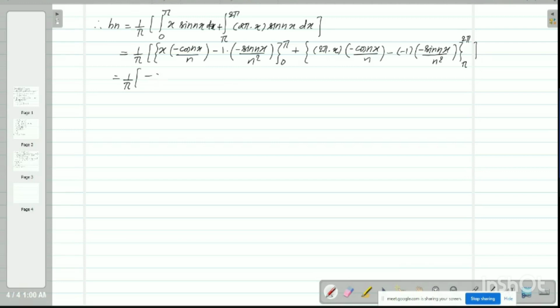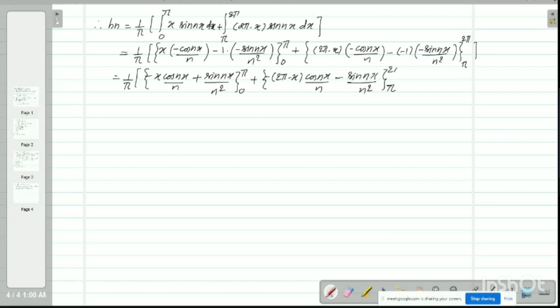This is minus x cos nx by n plus sine nx by n square, providing limit 0 to pi, and plus 2 pi minus x, minus cos nx by n, minus minus plus, and minus sine nx by n square, providing limit pi to 2 pi.